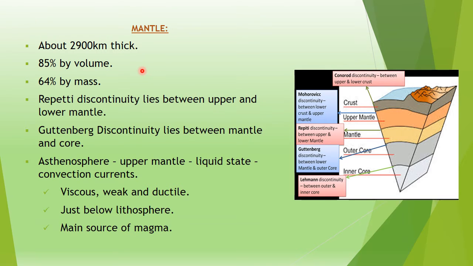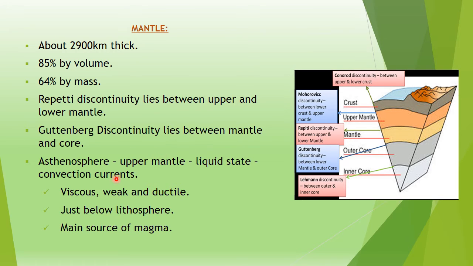Next layer is mantle. It's about 2900 kilometer and 85% by volume. If the total volume of 3 layers is 100%, then 85% is occupied by mantle and 64% by mass. Then Repetti discontinuity, this lies between upper and lower mantle. This is upper mantle and this is lower mantle and this line is Repetti discontinuity.